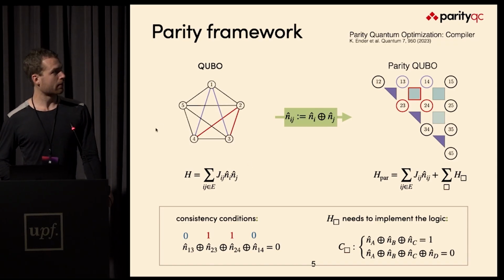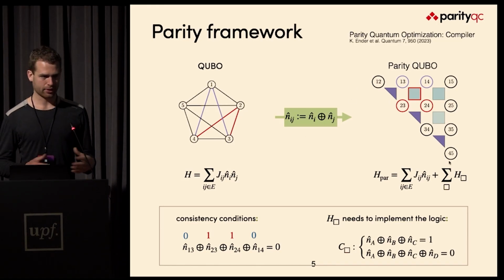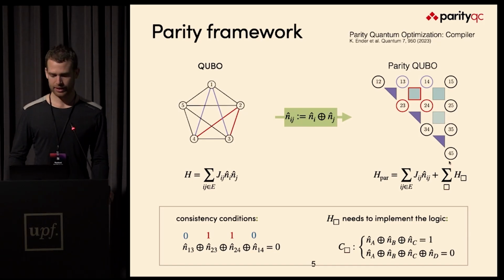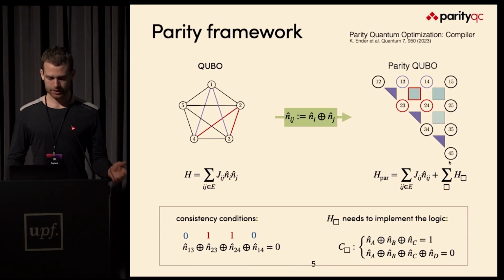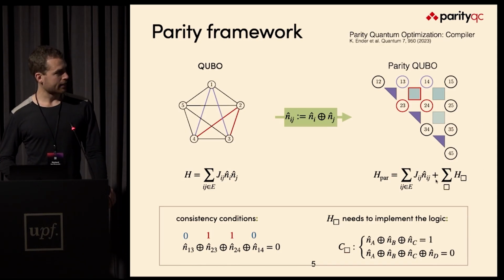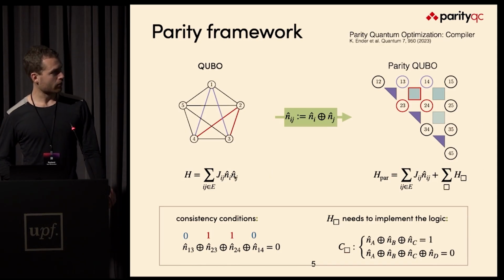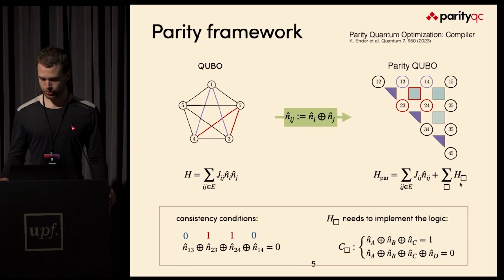You can see in the qubit picture we have 5 qubits, and here we have 10 qubits, so we need to make sure that we compensate for all these extra degrees of freedom by adding these consistency equations, which are then the parity constraints. Again, you can see that whereas here the problem is all 2-qubit edges, now it's only single qubit terms with the Jij, and then you have the plaquette terms as the constraints.